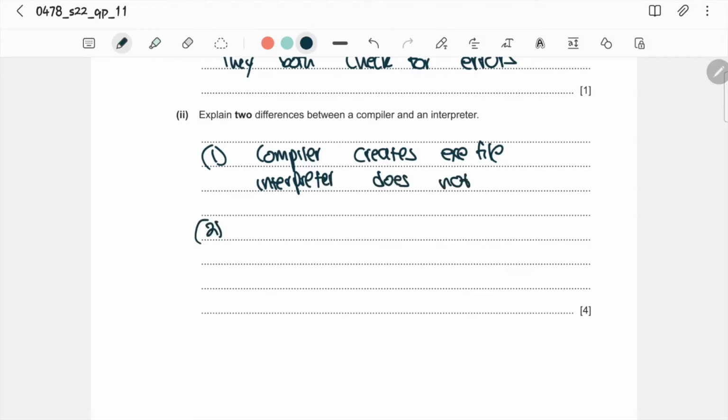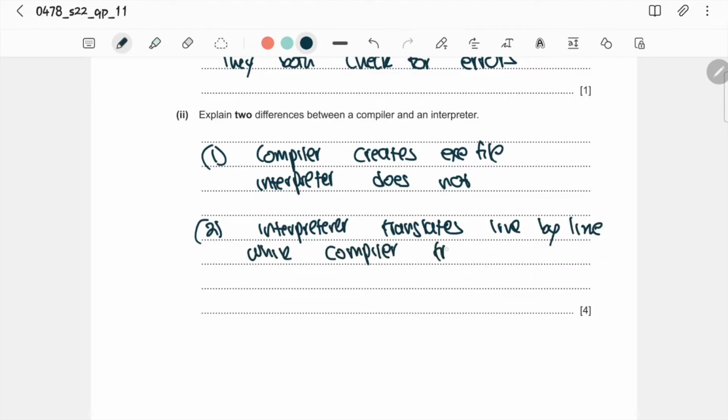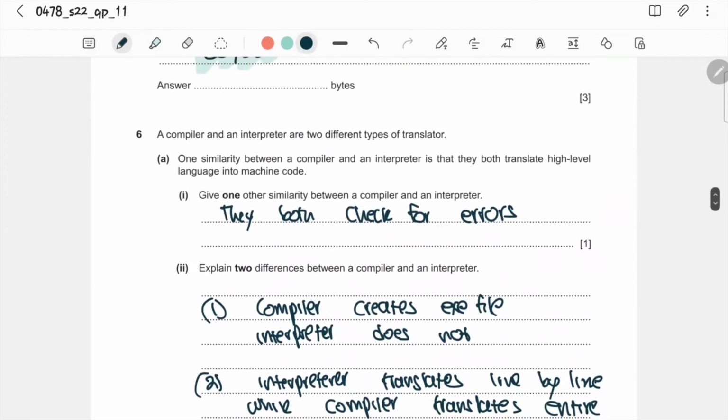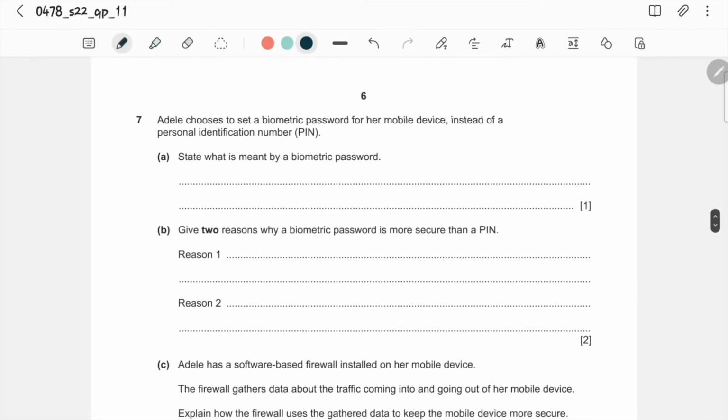The next reason you could say is that an interpreter translates line by line, like Python, while a compiler translates the entire program in one go. Okay, and then creates the errors all together.